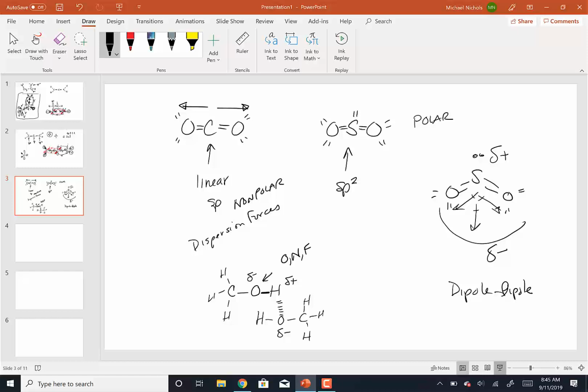This, with the dotted line, that's our hydrogen bond.